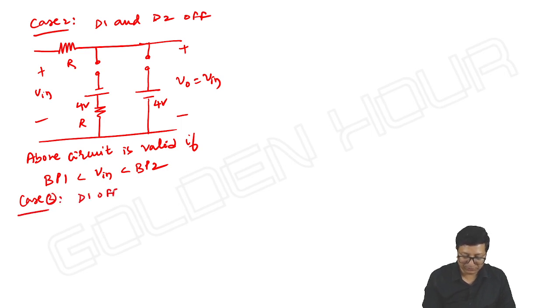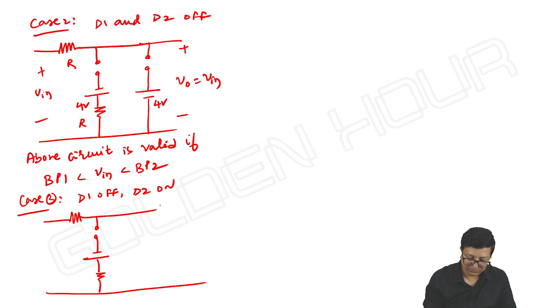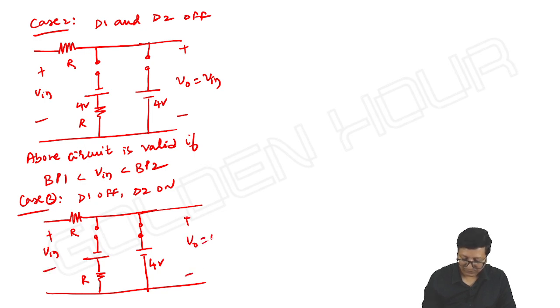D1 is off but D2 is on. Output is equal to 4 volts.